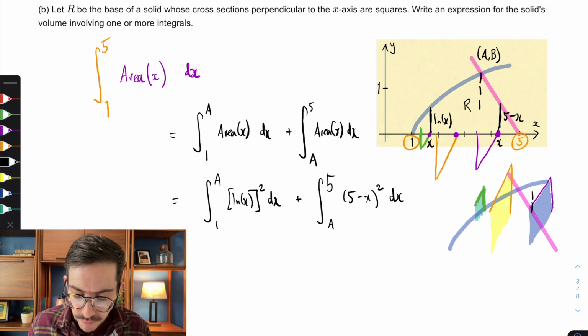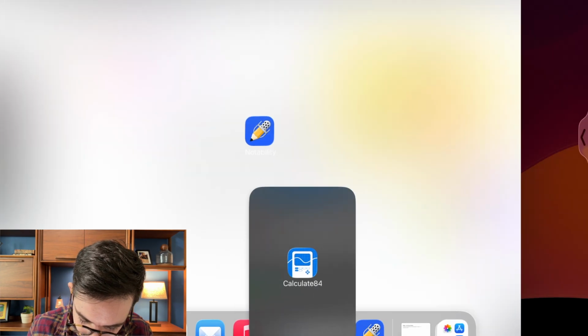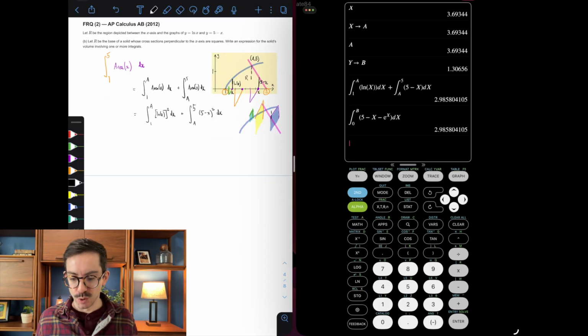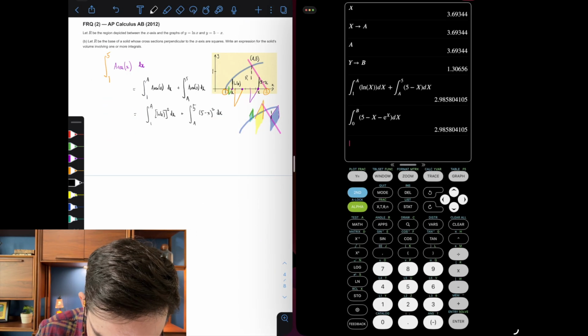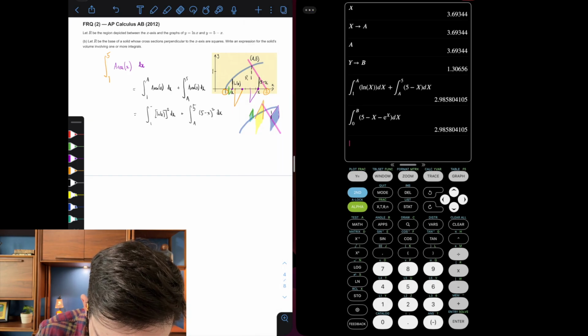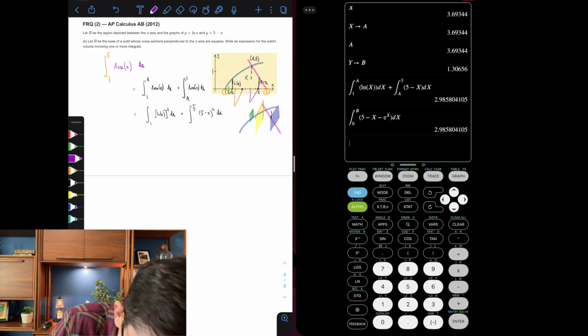Now, for concreteness' sake, A was a notation I was using to refer to that point. If we wanted to be super precise, I would actually write down the value of A that I figured out in part A. So it was 3.69344.